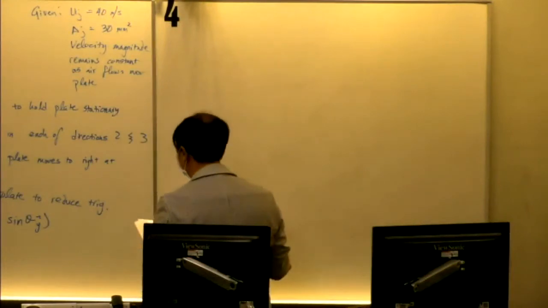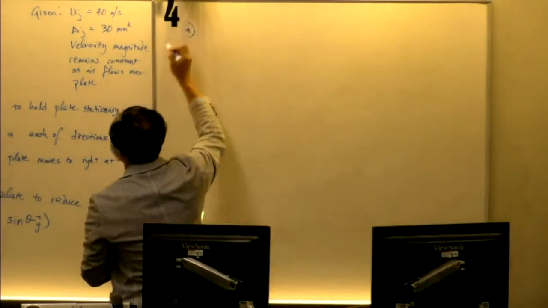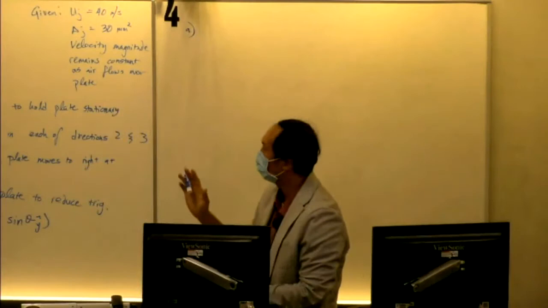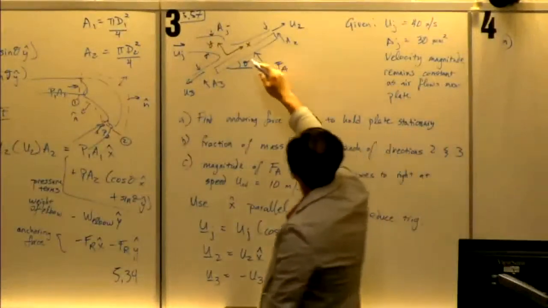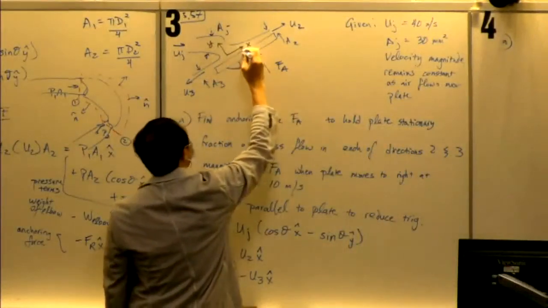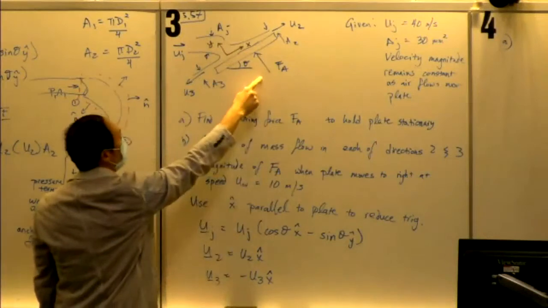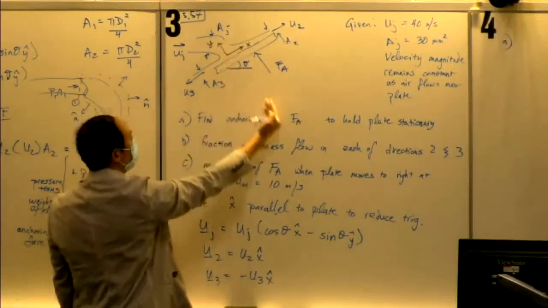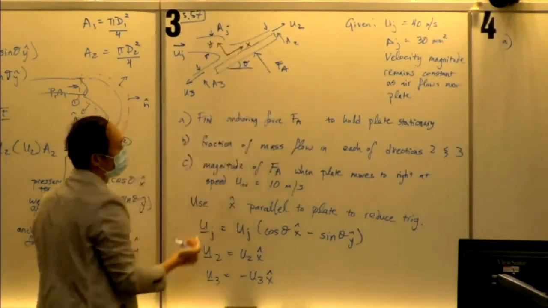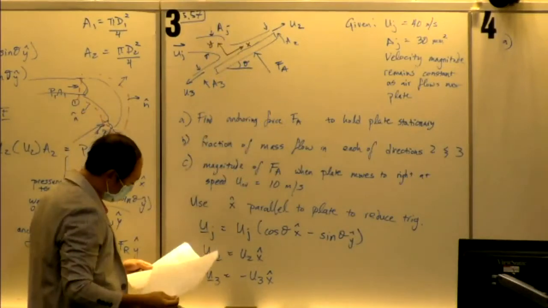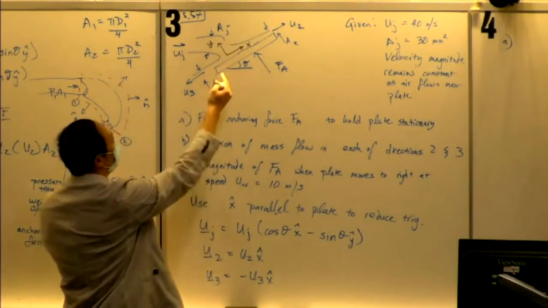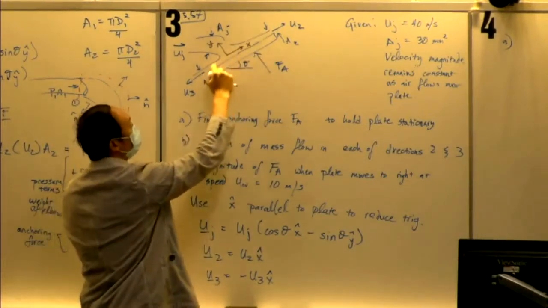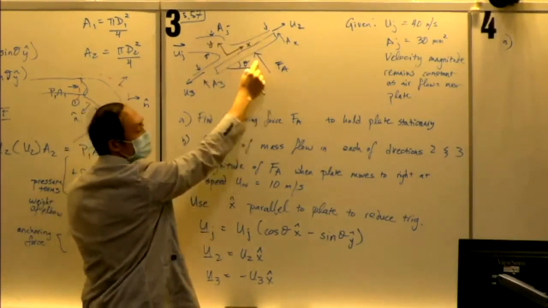All right, now let's do part A, the anchoring force. And the way we've drawn it, let me just point to this again. These two fluids basically do not provide any contribution to FA, because anchoring force is defined perpendicular to the plate. In this problem, they might have said there's no shear forces, but basically, you only get contributions of momentum if you've got some component that's parallel to this direction that we care about.